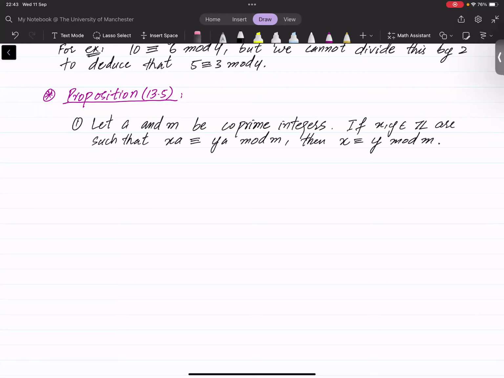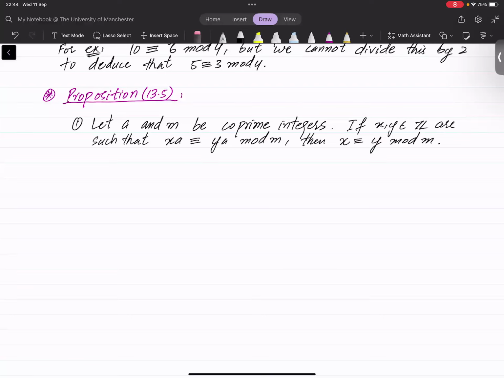Now this is very interesting because a and m are co-prime, which means they don't share any common divisors. So if that is the case, then we can divide by a. Okay.